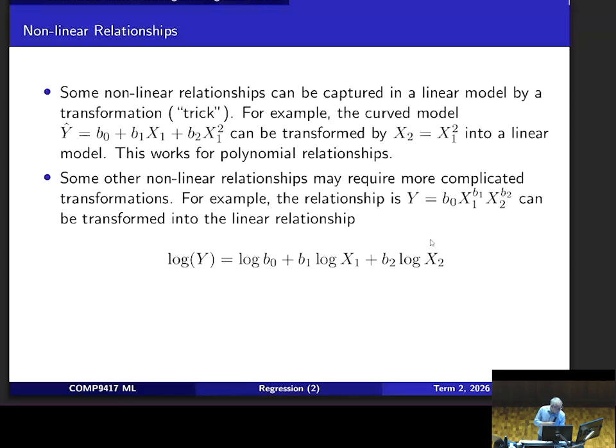by adding new variables. Here's another example. If in fact the relationship was the product of these two exponents, so x1 is real data, x2 is real data, raise them to the power of two parameters, b1, b2, and multiply them all together.